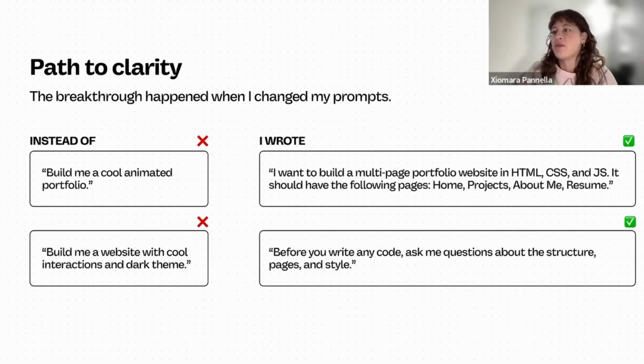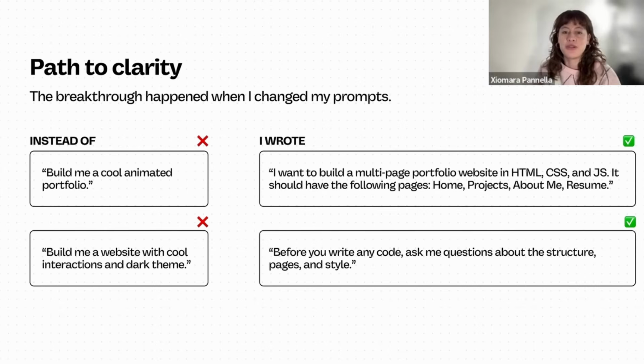So the path to clarity was, instead of vague prompts, for example, "build me a cool animated portfolio," I started to write more specific ones, giving more context and clarity to Cursor so the tool can help me. Like, "I want to build a multi-page portfolio website," blah, blah, blah, being specific on the pages that I wanted for my portfolio as well.